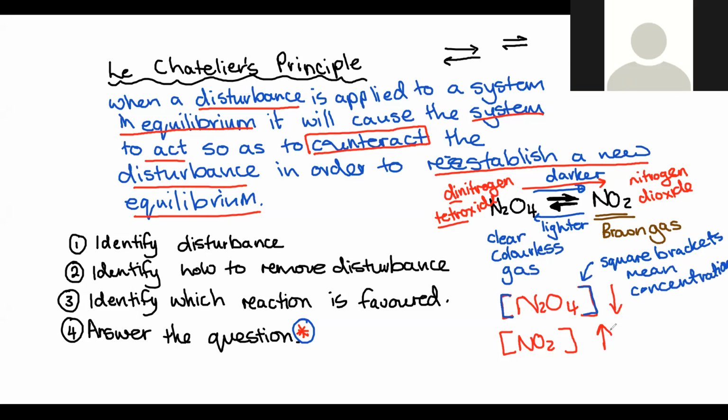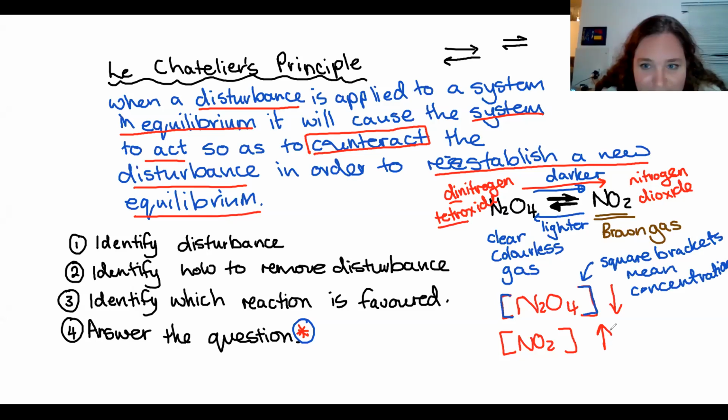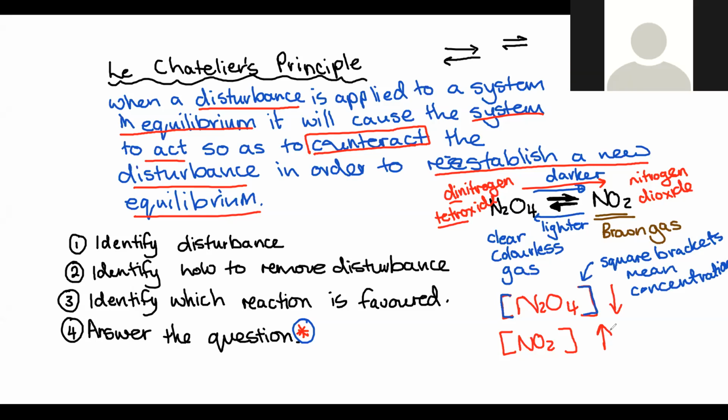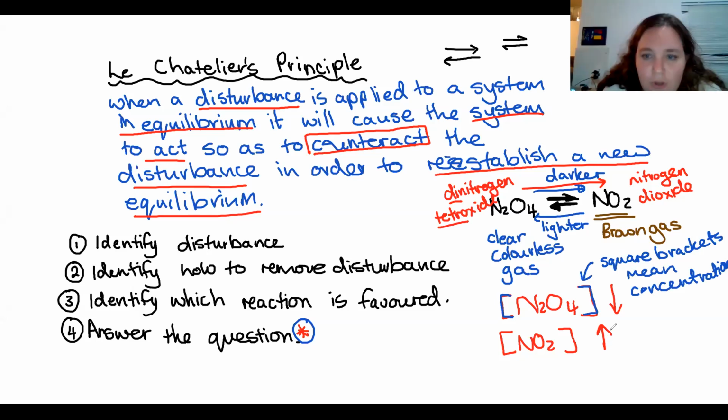For the forward reaction, concentration will decrease, if the forward reaction is favored. No. If the forward reaction is favored, dinitrogen tetroxide will turn into nitrogen dioxide. If I were to imagine here in my red pen that we're talking about the forward reaction happening.